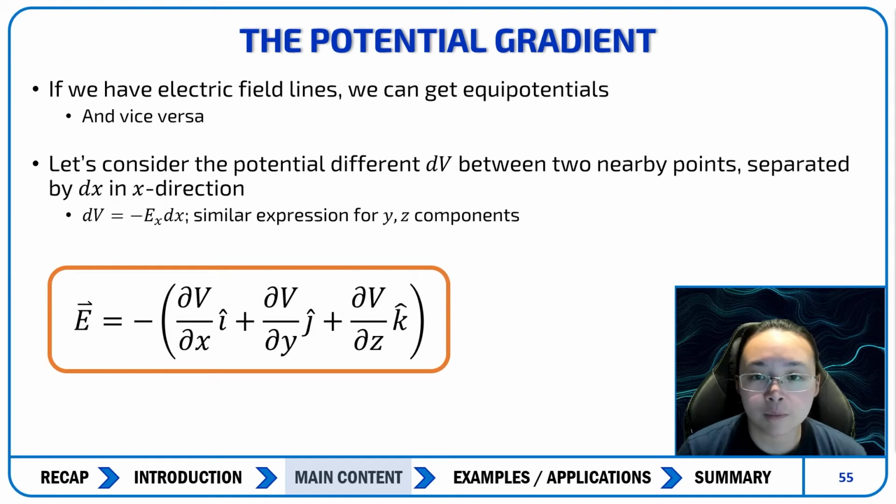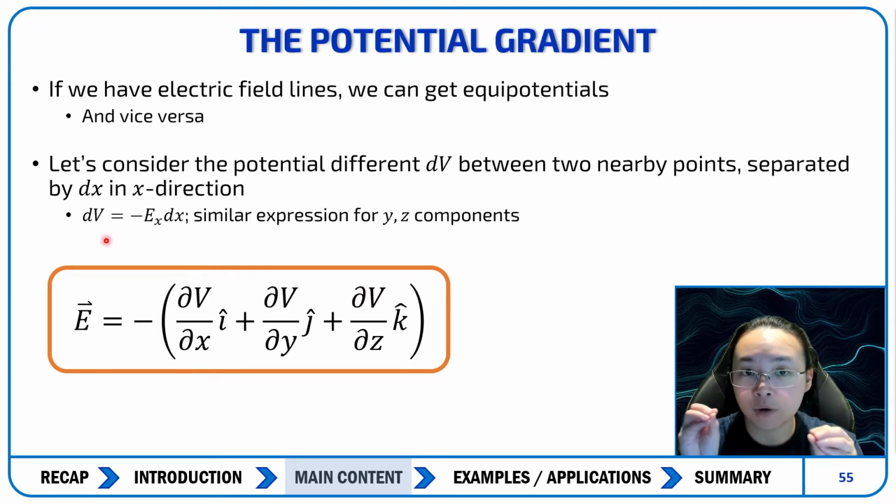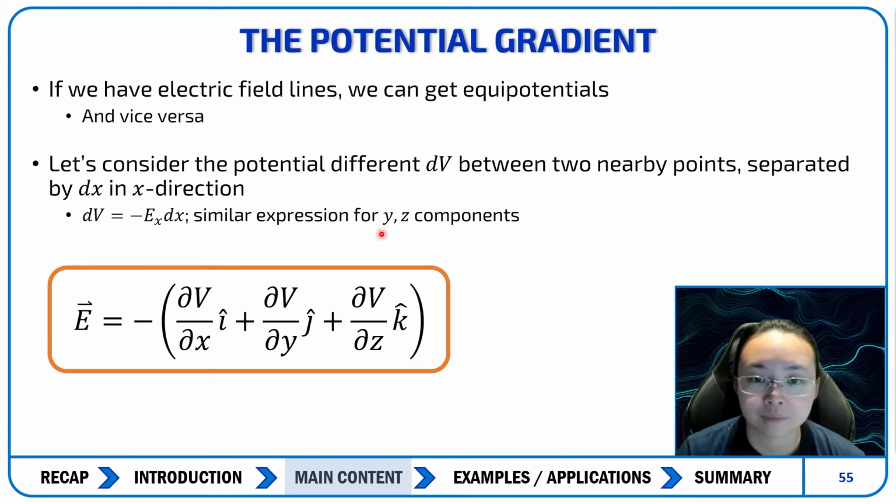So let's consider the potential difference dV between two nearby points separated by dx in the x direction. Essentially, now you have two points over here. We can say that the change in potential between two spots on the x-axis, dV, is equal to negative Ex dx.